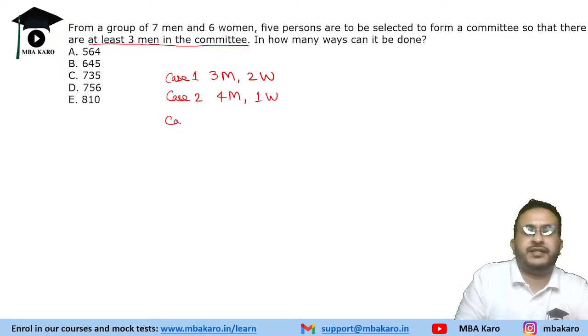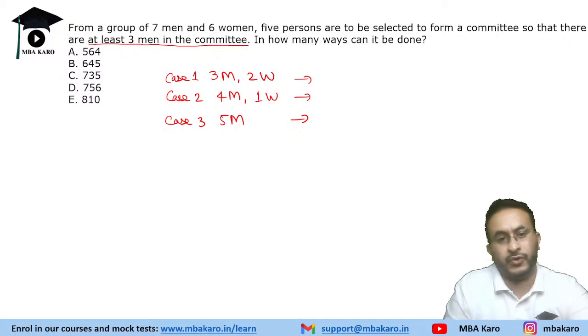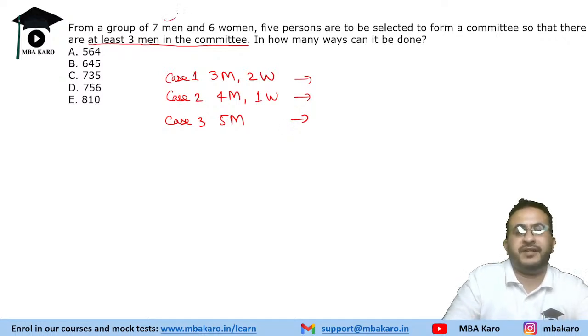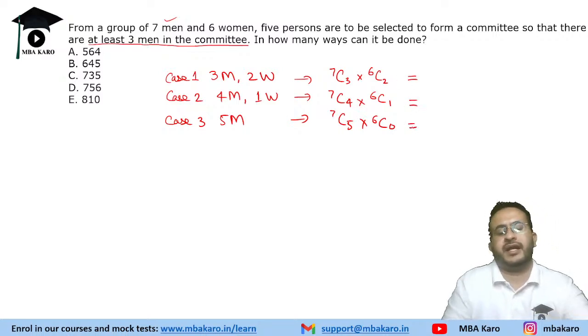And case three, you will take five men. So calculate the combinations. So we have seven men. So 7C3 into six women, 6C2. 7C4, 6C1. 7C5, 6C0. So calculate the values and add that.